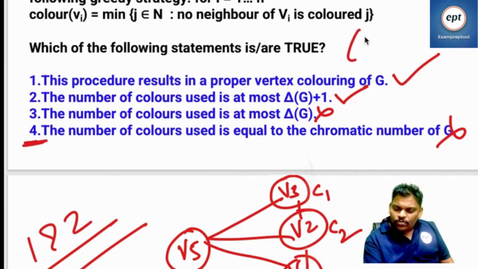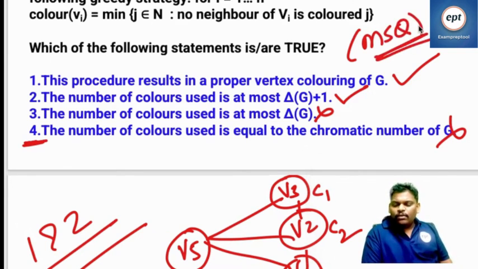The number of colors used is equal to the chromatic number of G. If that is the case, chromatic number finding is NP, how is it NP complete? Last year many people gave the answer as 1, 2, 4.